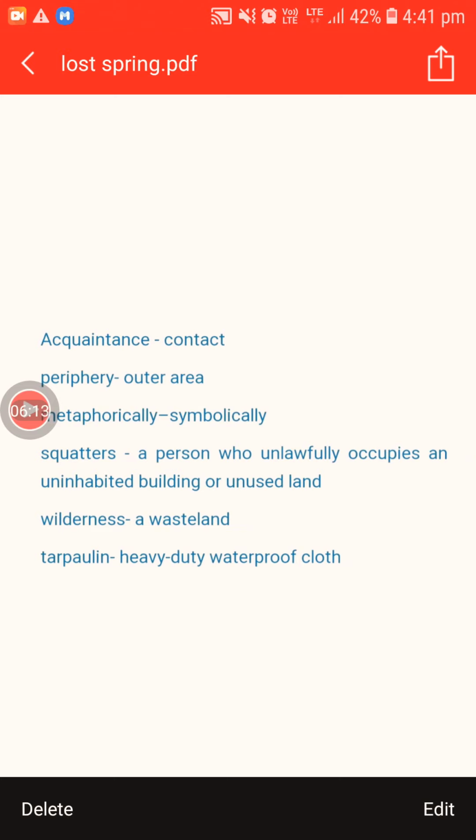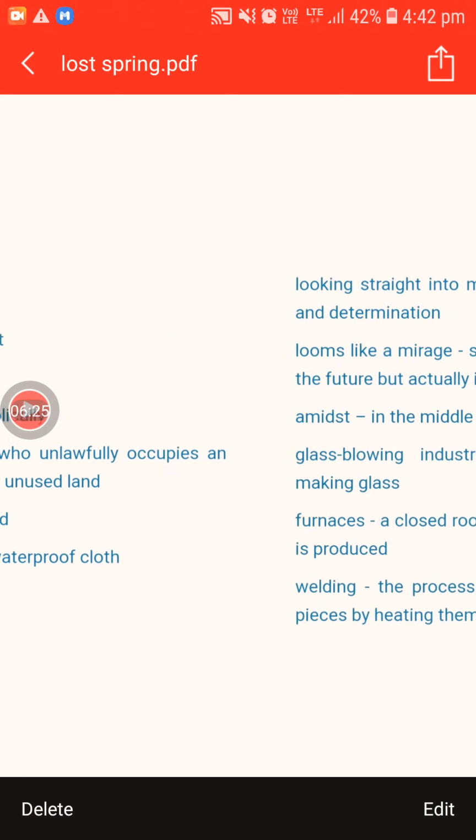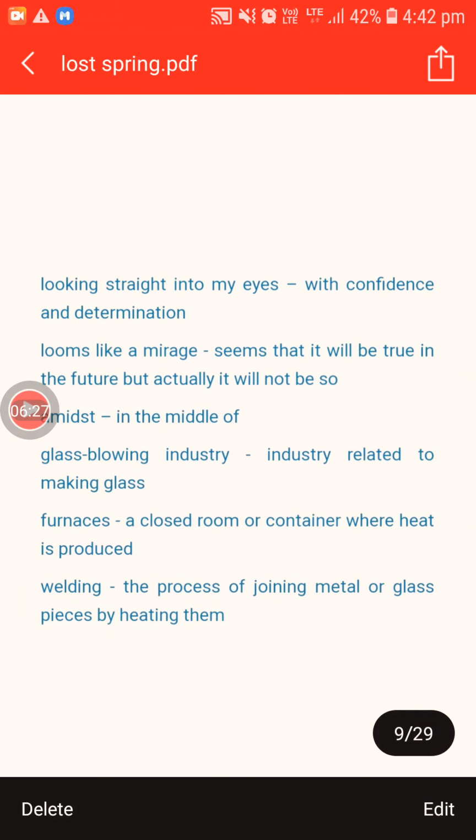Tarpaulin means heavy, dirty, waterproof cloth, and there are a lot of other words like acquaintance, contact, periphery, outer area, wilderness, wasteland. So all these important words should be used in your answers somehow. I have given the list of these words with the meaning. Please go through it very minutely, because these are very important words from the examination point of view.